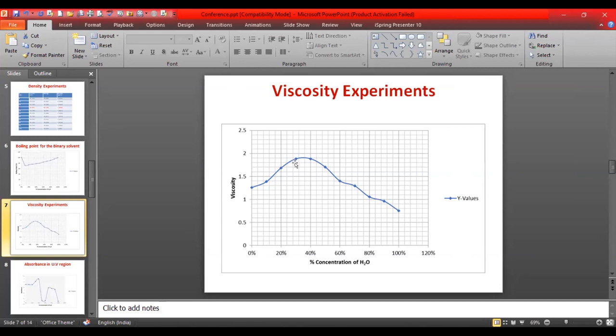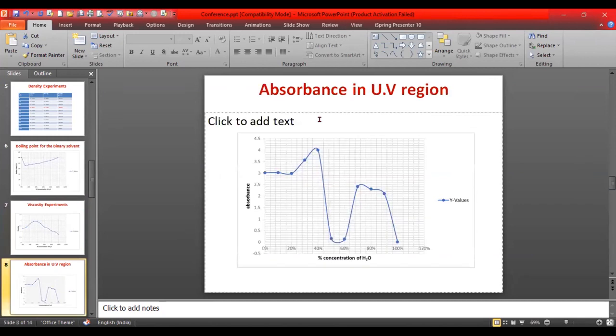Then these were some physical experiments. Then we have done some instrumentation. For example, UV spectra we have taken for the various compositions of water in dioxane, around 300 nanometers. And we have seen that the UV absorbance increases when the composition is 30% water, and then it decreases.